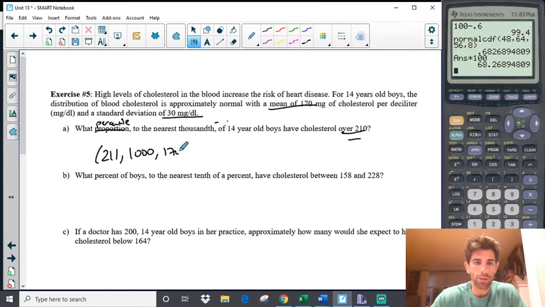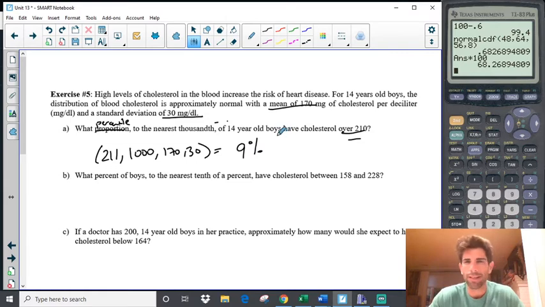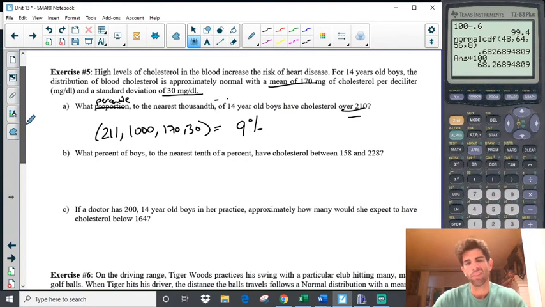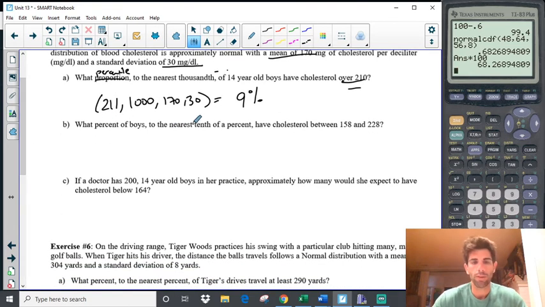Your mean is 170, your standard deviation is 30. Put it all in your calculator, multiply it by 100, and you're going to get 9%. It was 0.85 multiplied by 100, 8.5, rounded to 9. B, what percentile of boys, to the nearest 10th, have a cholesterol between 158 and 228?